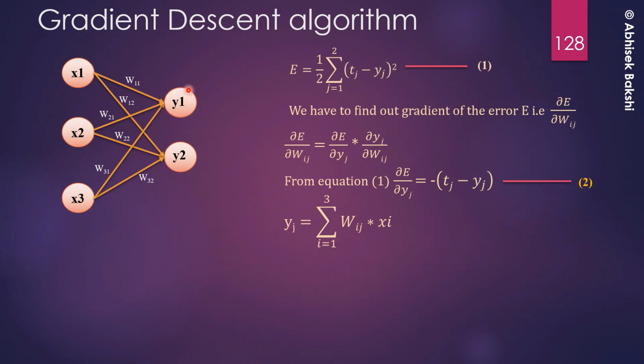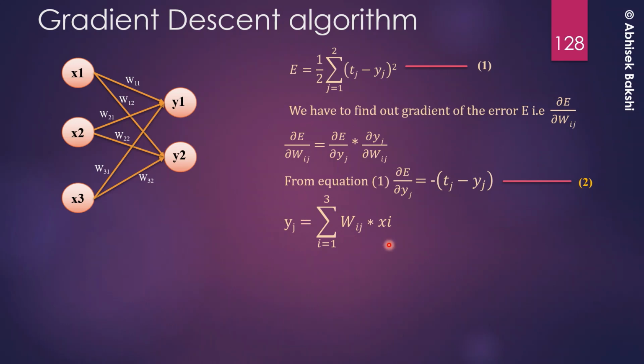This y1 is a summation of the multiplication of wij into xi, i equal to 1 to 3. Why? Because there are 3 x's, 3 input features. That's why 1 to 3. It's for a single y, I'm telling you. Right?